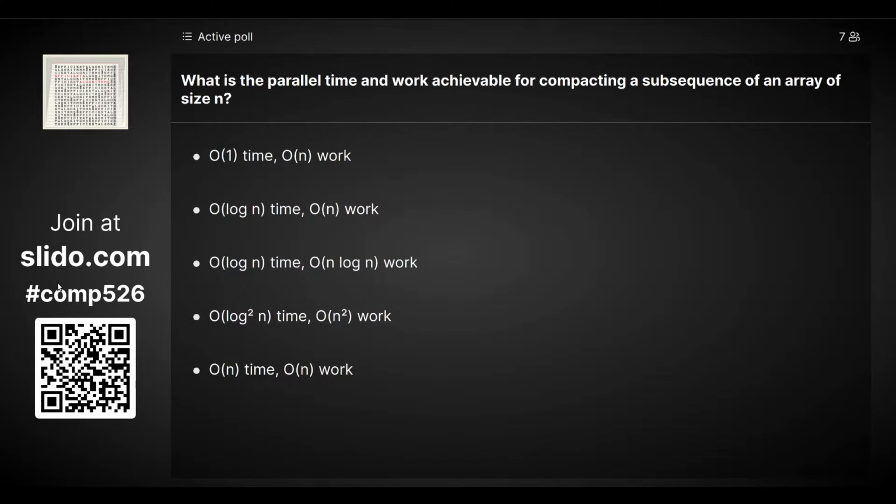It's also interesting that it doesn't depend on how many elements you copy out. It's kind of irrelevant for the time and work in this case.